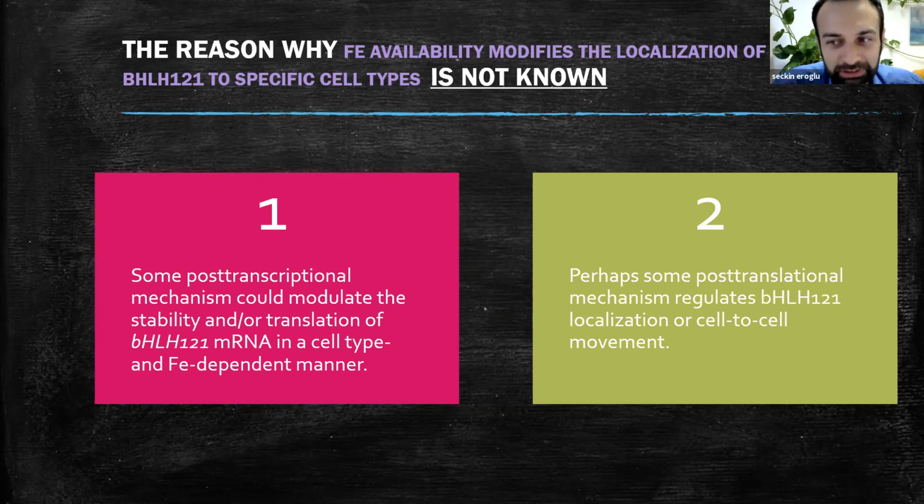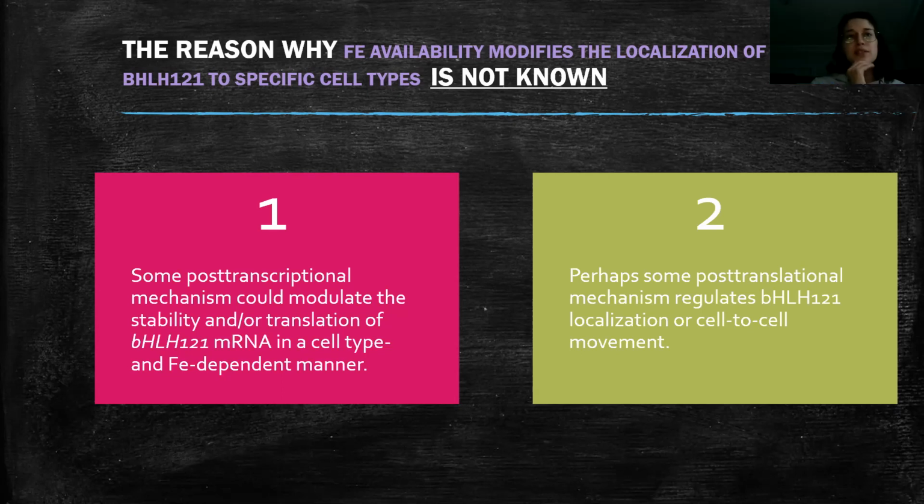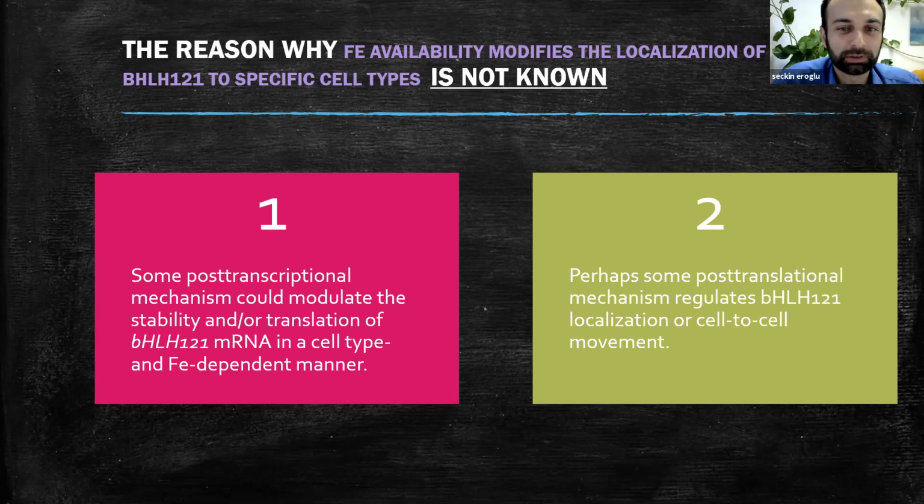The second hypothesis says there is no destabilization or new creation of protein, but it is transported to the outer parts. Do I understand correctly? Hocam, I'm not sure about the destabilization part. What I'm trying to say is, in the first one, new protein is generated in the outer cells. In the second one, the same protein travels to the outer cells.